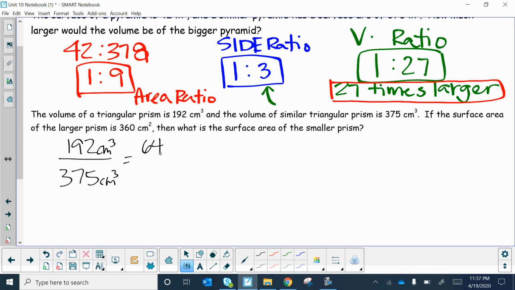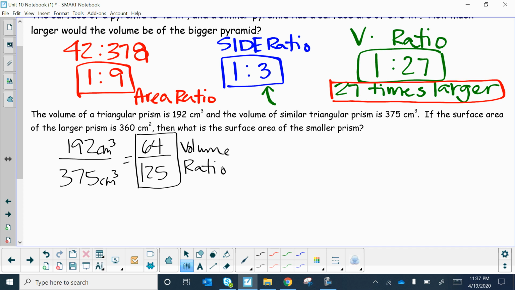64 over 125. Okay, so that right there is our volume ratio because those are our two volumes. Okay, 64 to 125. And I'm pretty sure that doesn't reduce because I just tried to reduce it in the calculator.